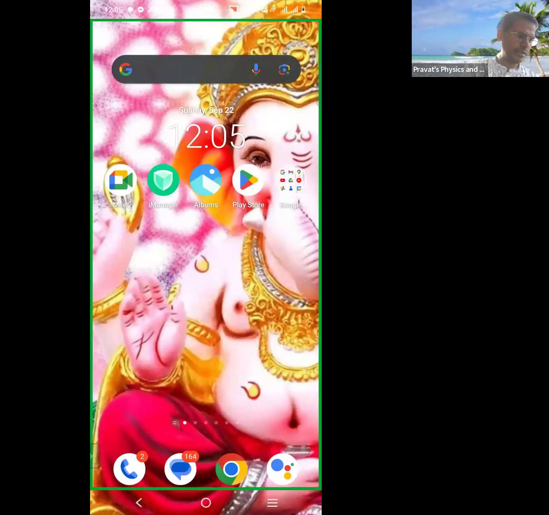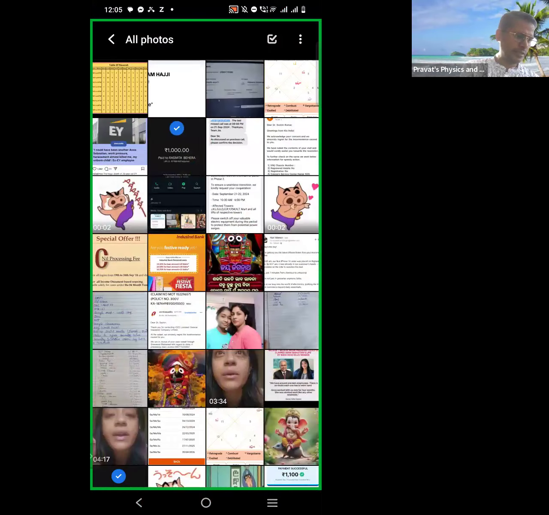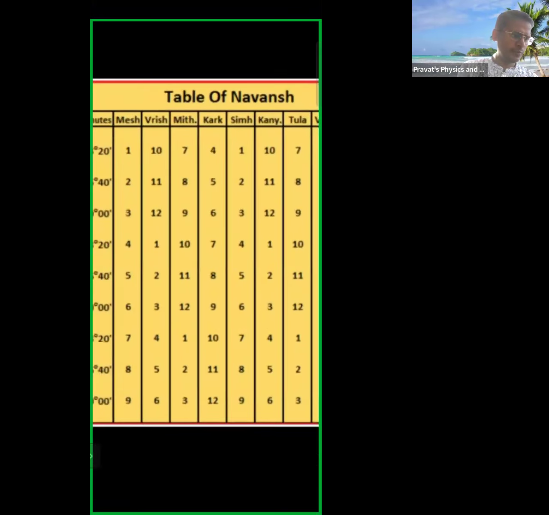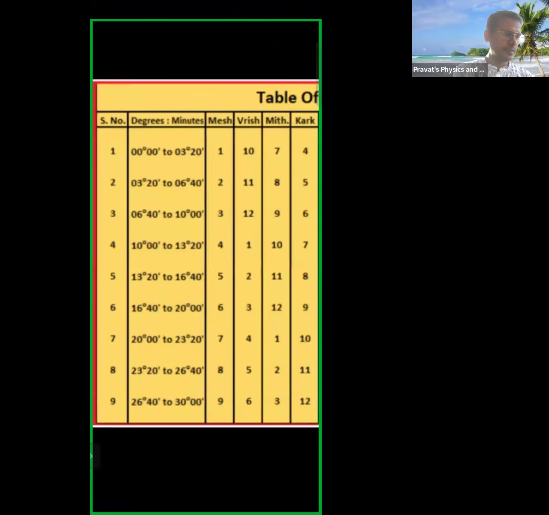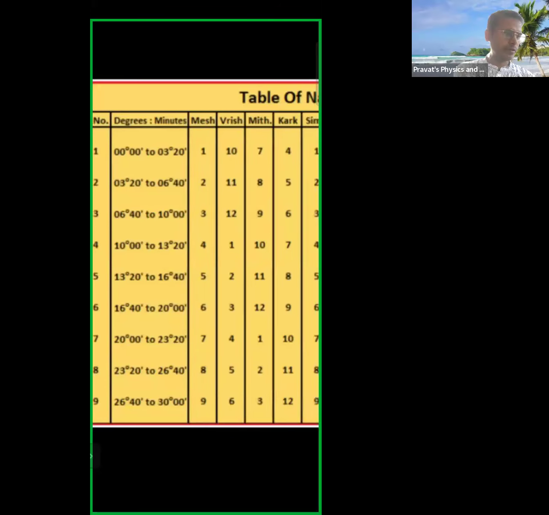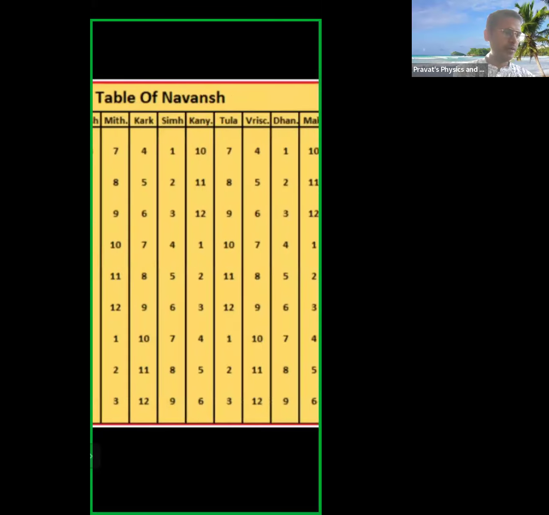Now get back to the table again so that you can get Libra as the answer. And if you get Libra as the answer, then I will directly explain how to read the D9 chart. Libra, and we have to also find out the degree, first division of Libra. So Libra sign.